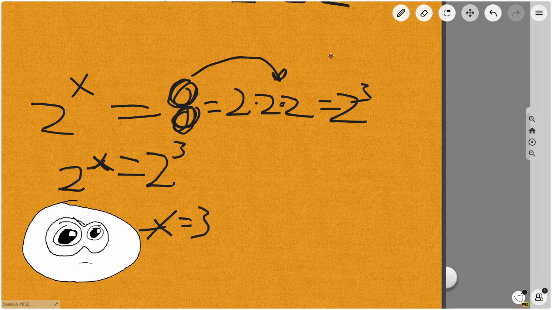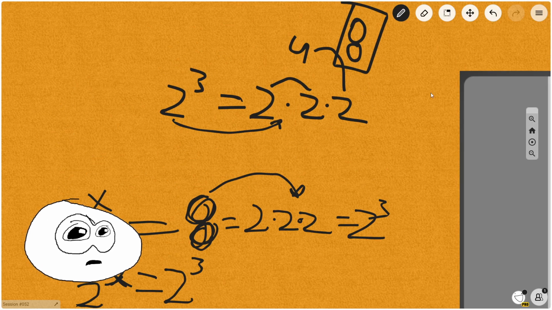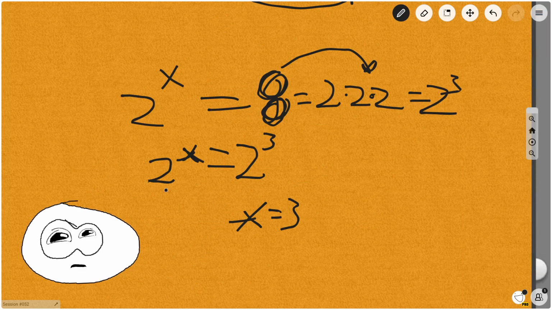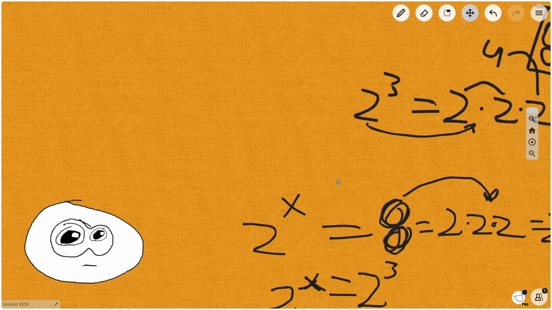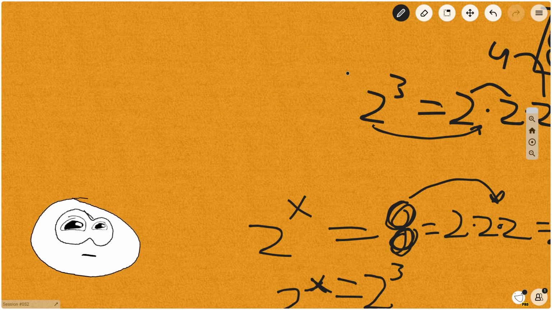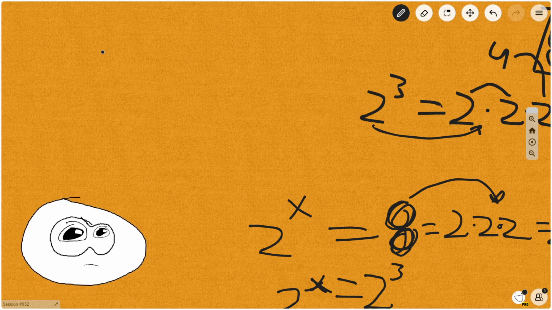Just like how you can go from here to this, you can do it backwards as well. That way you have this nice matching thing where they both have the same base value. Similarly, if you have some crazy funky formula, like, oh, what would be weird? I don't know. Let's make up some stuff, right?